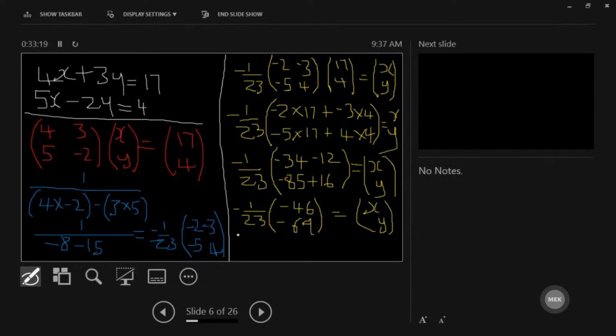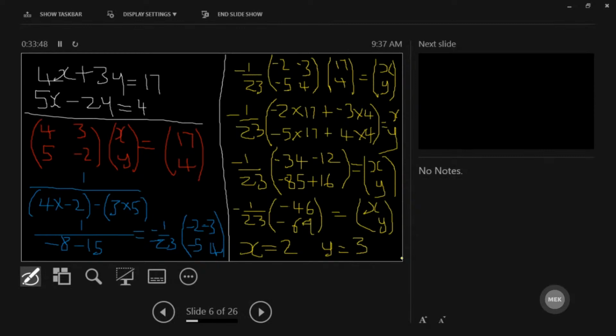And finally, now we can work the fraction. So it's negative 1 over 23 times negative 46 over 1. So we're canceling the 23 and the 46, and we're going to get a positive 2. And negative 1 over 23 times negative 69 gives us a positive 3.